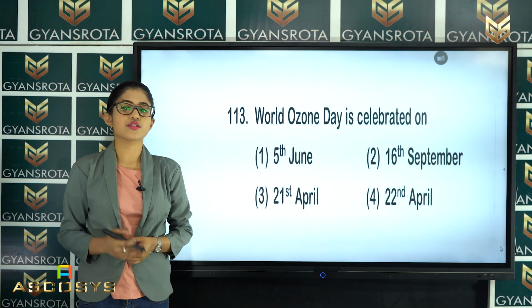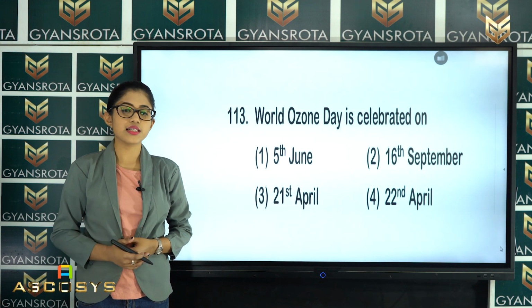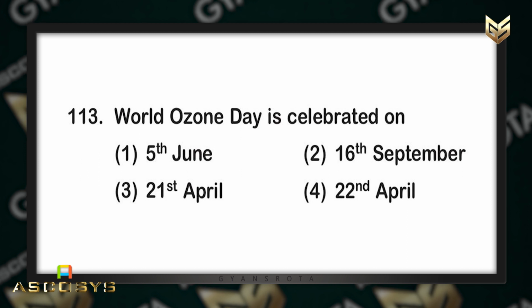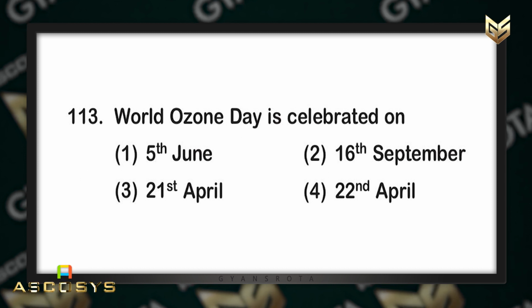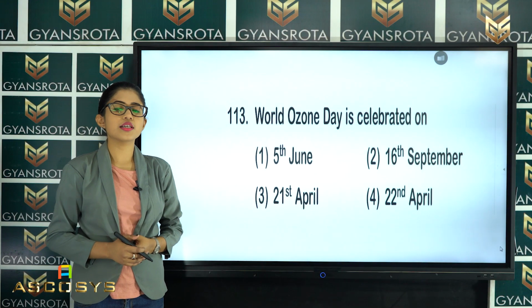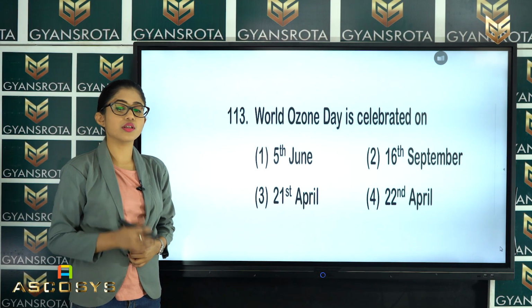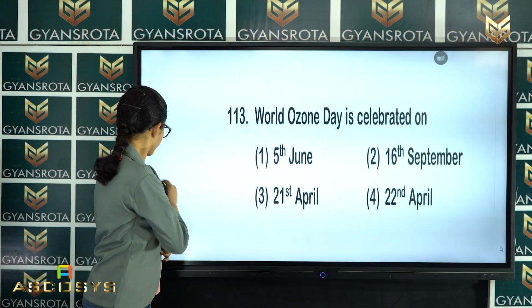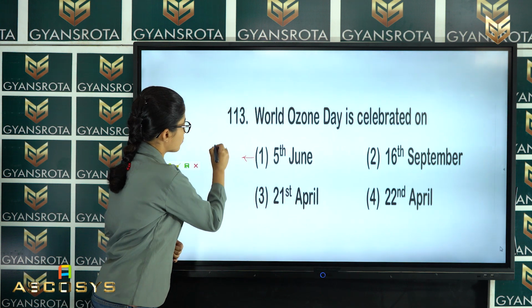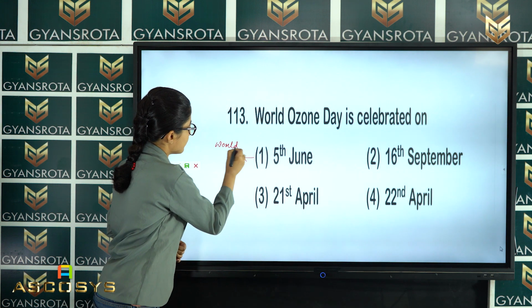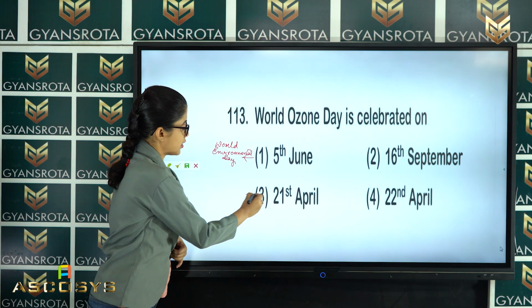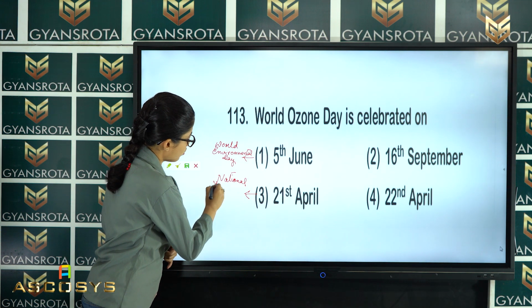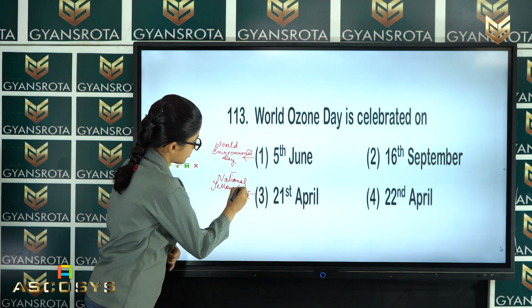In the next question, as you can see here, question number 113, World Ozone Day is celebrated on 5th June, 6th September, 21st April or 22nd April. Well, for this you have to know that on 5th June, World Environment Day is celebrated. Then 21st April is National Yellow Bat Day.